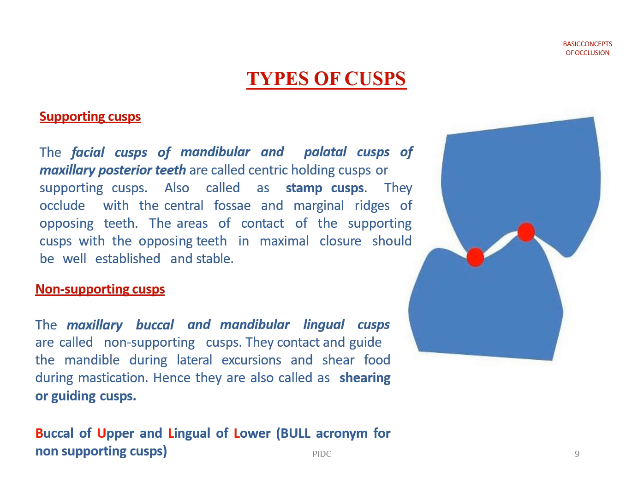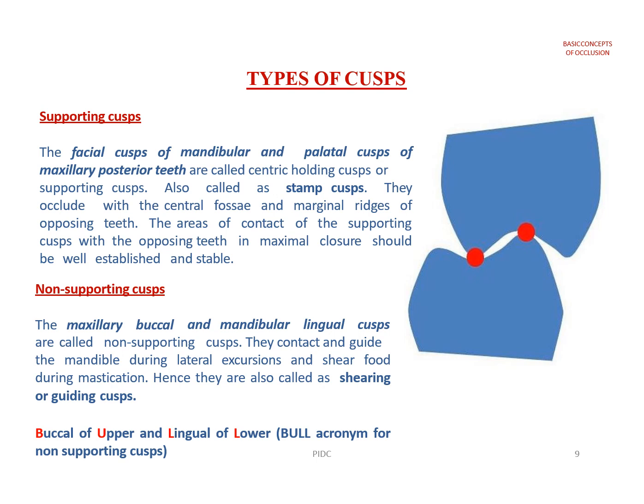So regarding the supporting cusp, this might be your MCQ question or a 2-mark question. Which are called supporting cusps? The facial cusps of your mandibular, that is this one over here. The facial or buccal cusp of your mandibular and your palatal cusp of your maxillary posterior teeth are called supporting cusps.